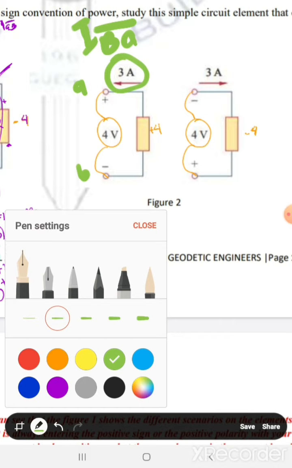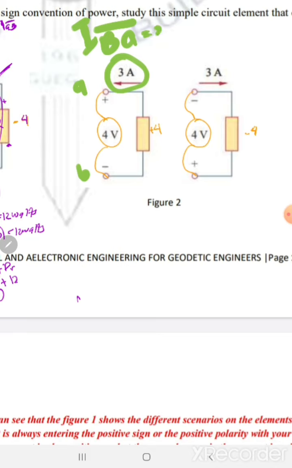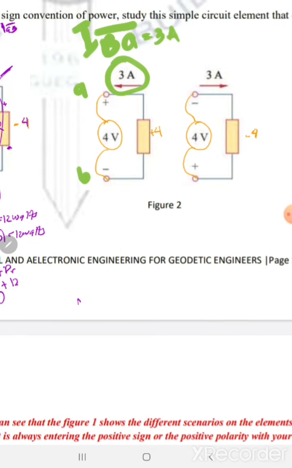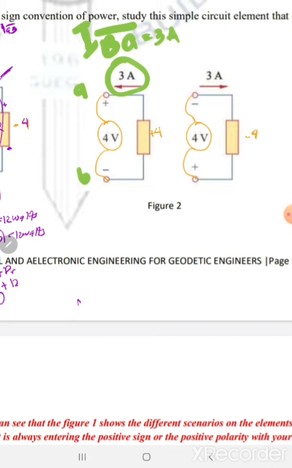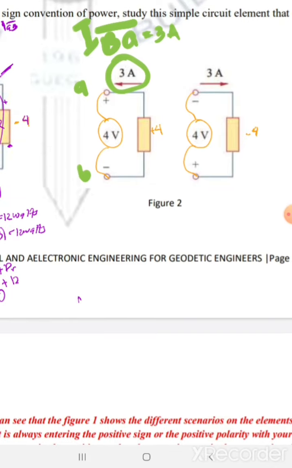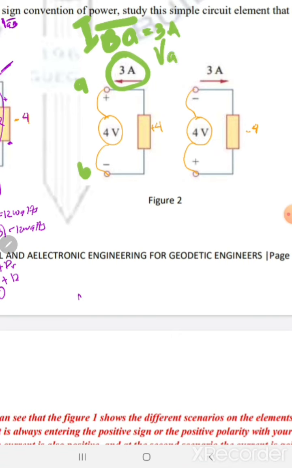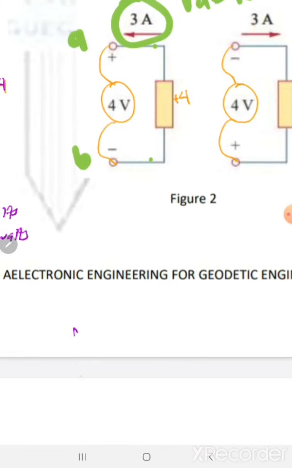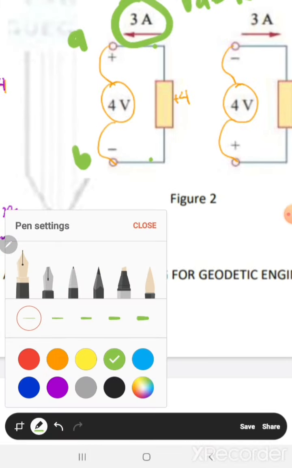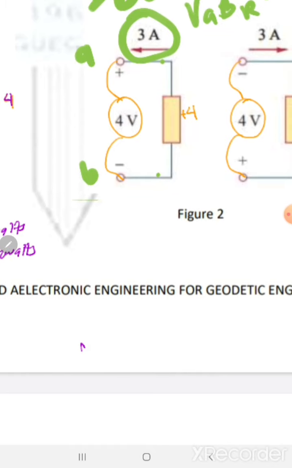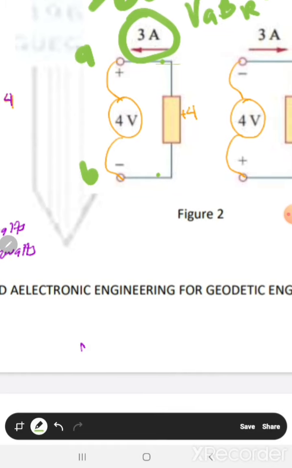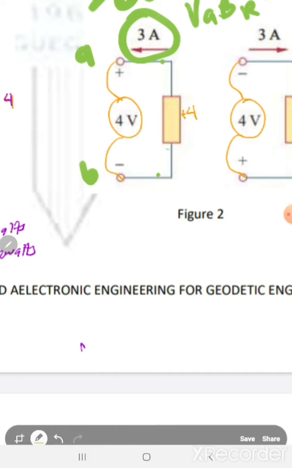So, we have IBA. Your IBA is equal to 3 ampere, which means that your IBA is equal to positive 3 ampere. Your VAB at your R is equal to positive 4. Alright? So, we have 4 volts, your 3 ampere enters the negative sign of your VAB.